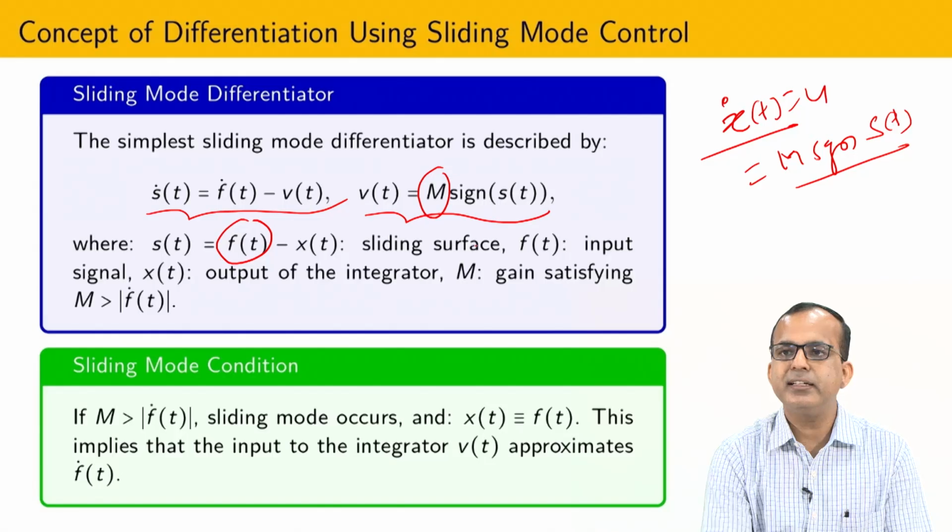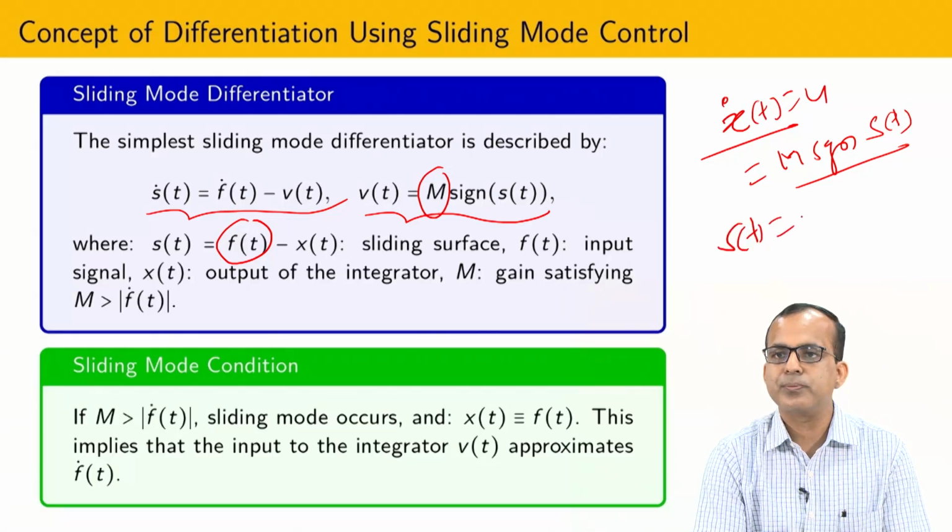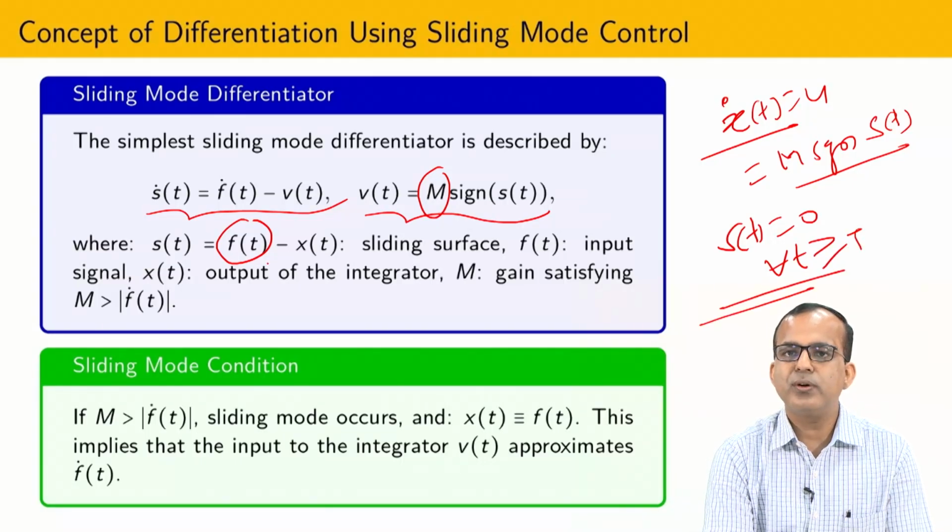Once I have sliding, st equals 0 in finite time, for all t greater than or equal to the reaching time, and that is also maintained. Once st equals 0, the value of xt is exactly equal to ft.